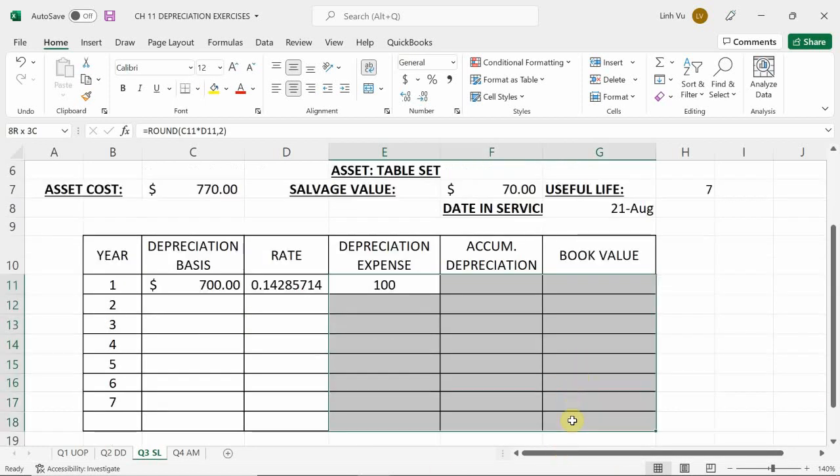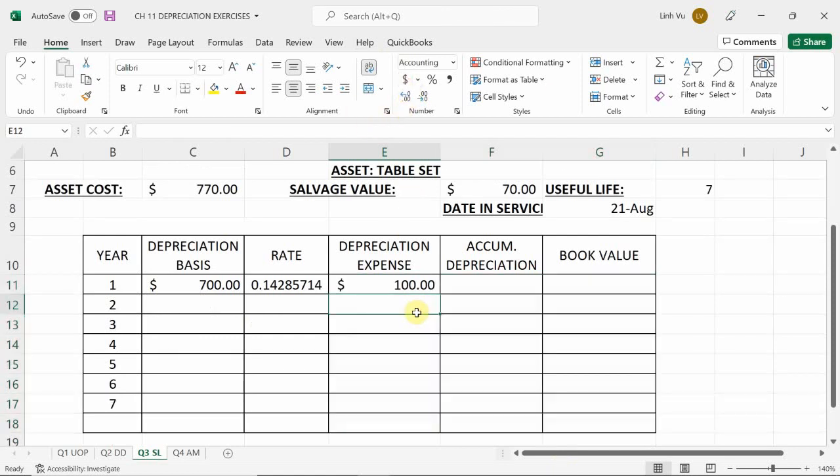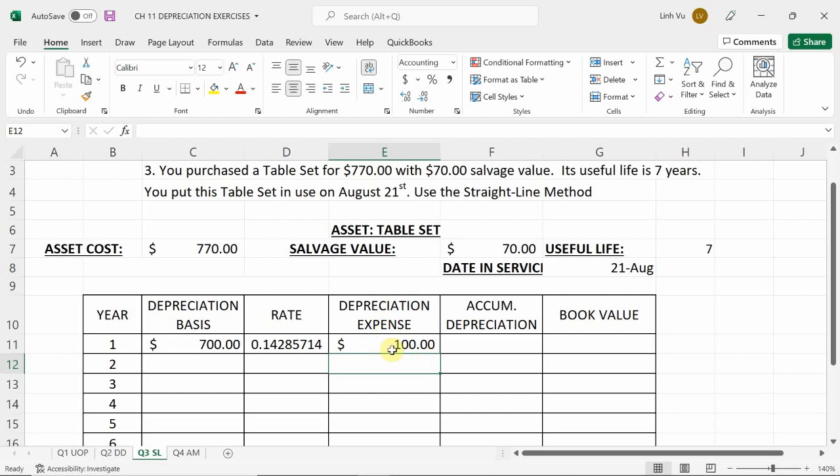Now, can I have this at 100? No. Why? This is for the whole year, right? How old is my asset? 3 months. It's September, October, November, December. 4 months.